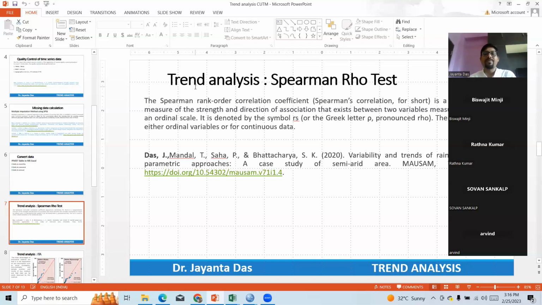We can find whether it is stationary or has serial dependency using the same approach, the ACF autocorrelation technique. I'll show you how we can determine it. Any question from this part up to the Spearman Rho test?